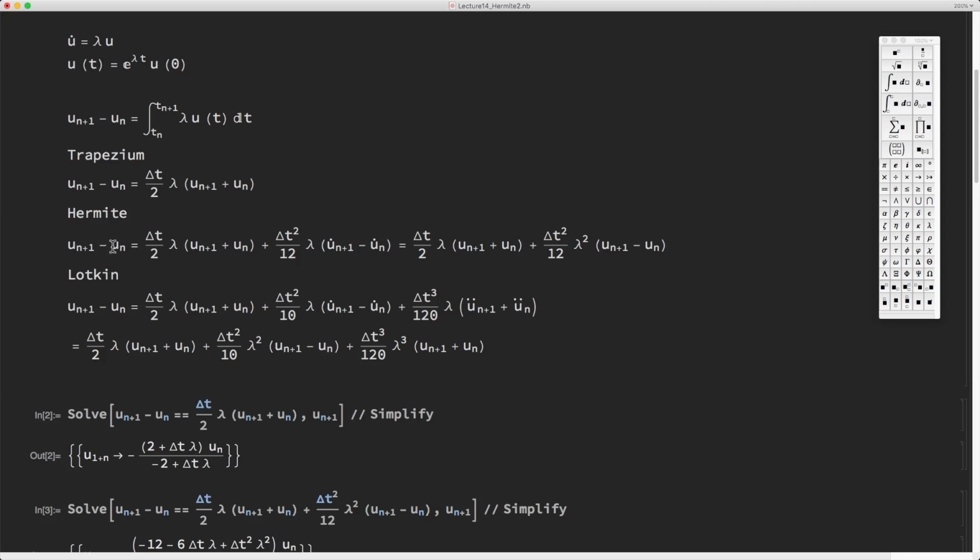Another benefit of these formulas, other than the lower error, is that they are time-symmetric. So if you integrate backwards in time, then delta t changes sign, this term changes sign, this term changes sign, this delta t is squared, so it does not change sign. So all terms change sign, and in the end you get the same formula.